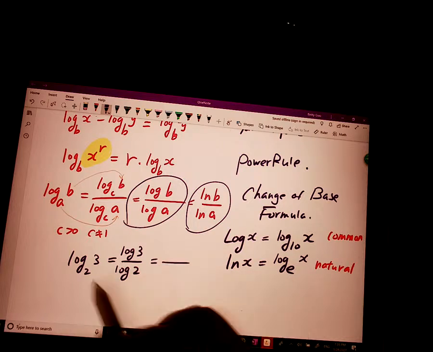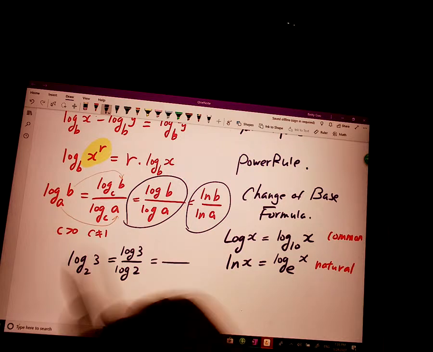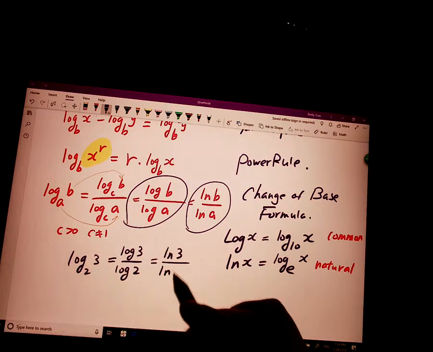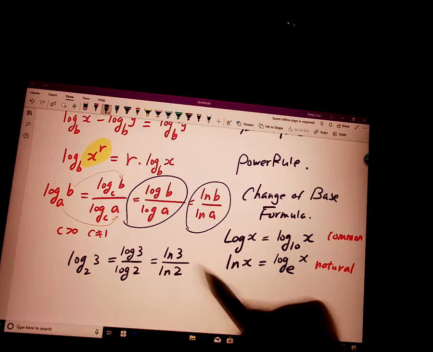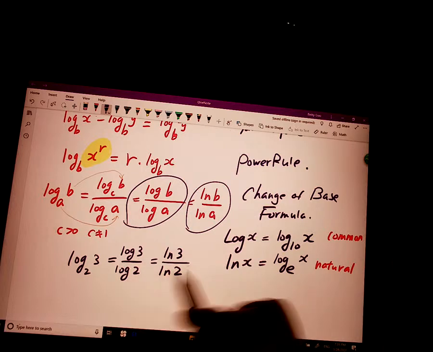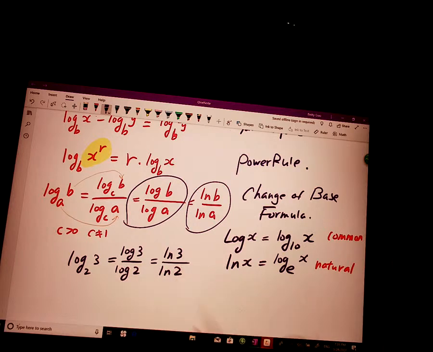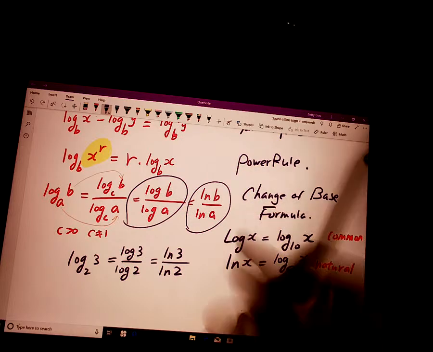Or if you like to use a natural logarithm, you can rewrite this as natural logarithm of 3 over natural logarithm of 2. You would see either way you have the same result for this expression. Okay? So that is the change of base formula.